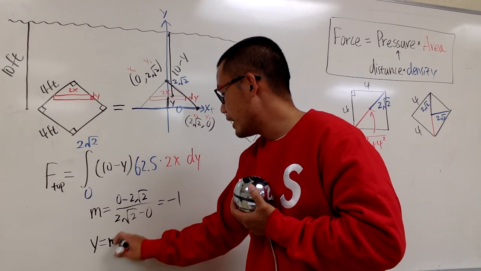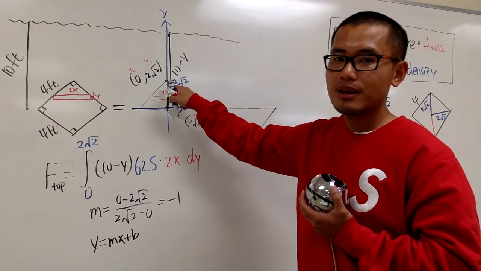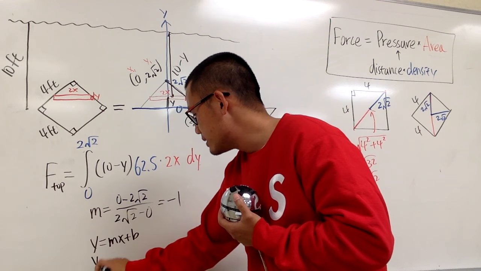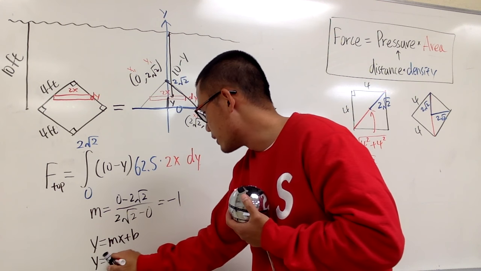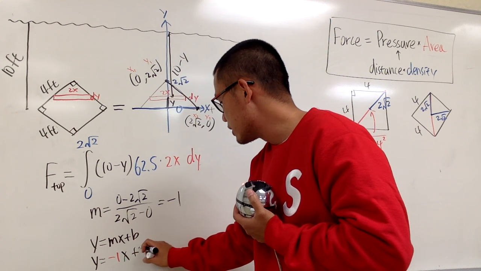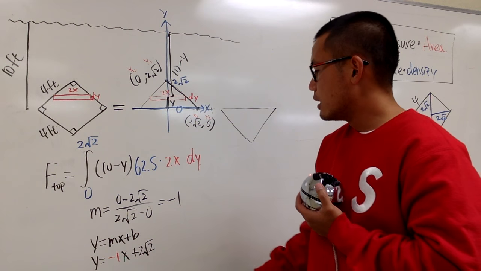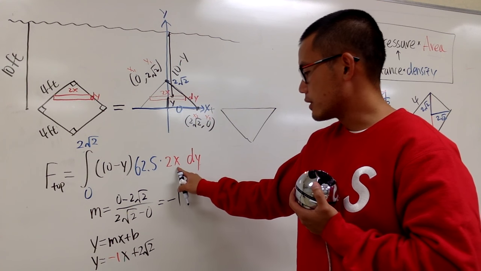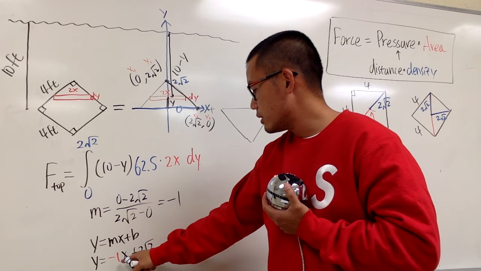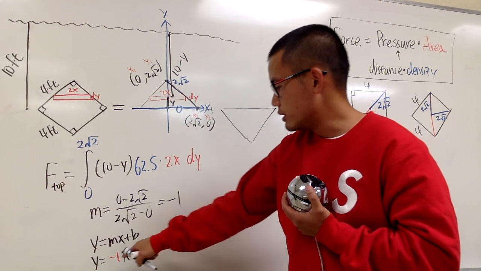And I will show you guys a quick way to do this. y is equal to mx plus b, and the b is the y-intercept. Therefore, y is equal to -1 for the slope, m, times x, and the b is 2 square root of 2. So we add 2 square root of 2 for the b, just like that, all right? And I need to solve for x. So let me just bring this to the other side.